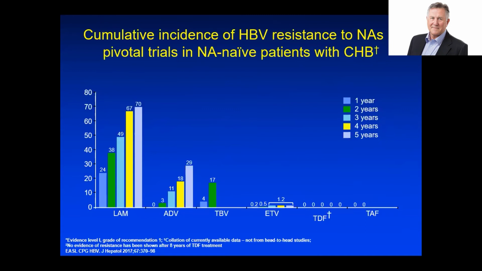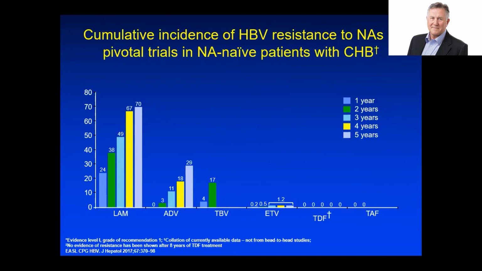Okay, the other issue is the issue of resistance. Anytime we use an antiviral, we're concerned about the development of antiviral resistance. What you can see is that the two drugs that we use have incredibly low rates of resistance. If you look back at Lamivudine, which is the original oral drug we used, after a 5-year period, 70% of patients were resistant to it, which is why we don't use the drug anymore.